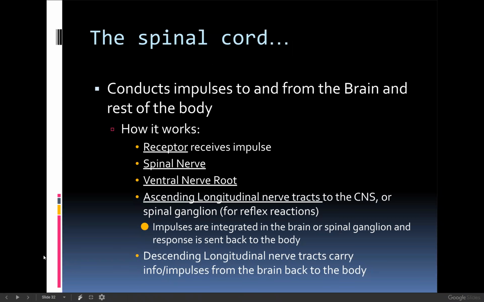Okay, so how does it actually work again? Let's just think about it. So we have receptors in your skin collecting information.